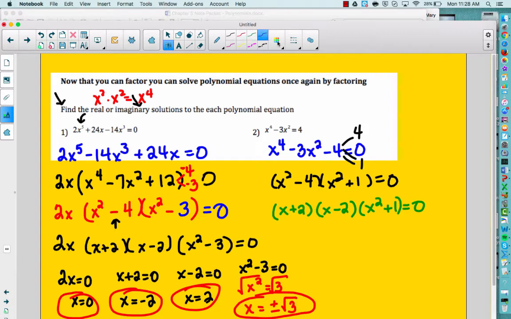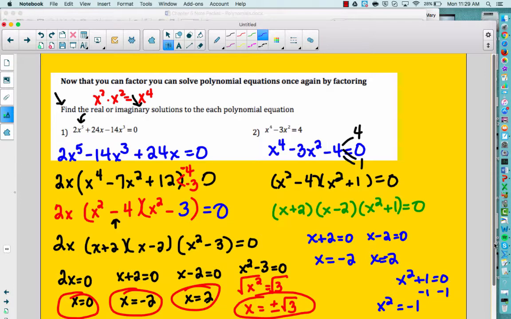Now I'm going to set each factor equal to 0 and solve. So x plus 2 equals 0, so x equals negative 2. X minus 2 equals 0, so x equals 2. And x squared plus 1 equals 0. So now I subtract 1 on both sides, and I get x squared equals negative 1. Oh, goodness.